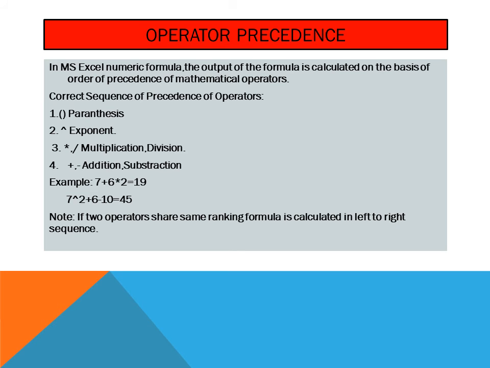Now what is the special point to note? If two operators share the same ranking, right? So the formula is calculated in left to right sequence. Remember that. In example number 2, after solving the exponent, we know that addition and subtraction have the same precedence.